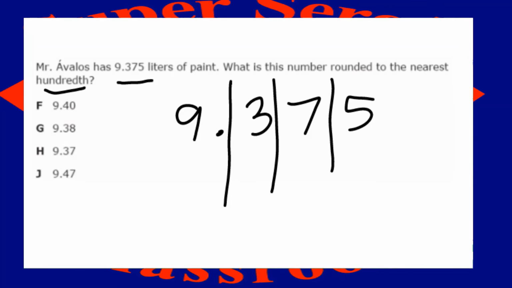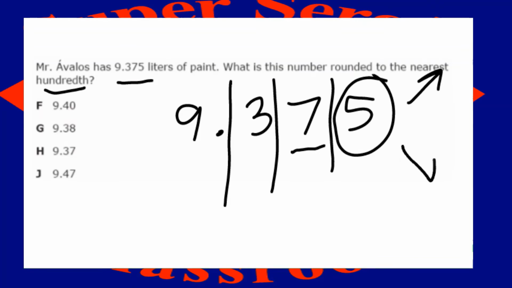So I go ahead and look at hundredths. Now hundredths is 2 places over to the right from the decimal. So we have tenths, which is the digit 3, and hundredths, which is digit 7. So I underline that. So once I identify the hundredths, I can go ahead and get started. I look to the number to the right, I circle it, and I say my little chant, 5 or more, let it soar. 4 or less, let it rest.